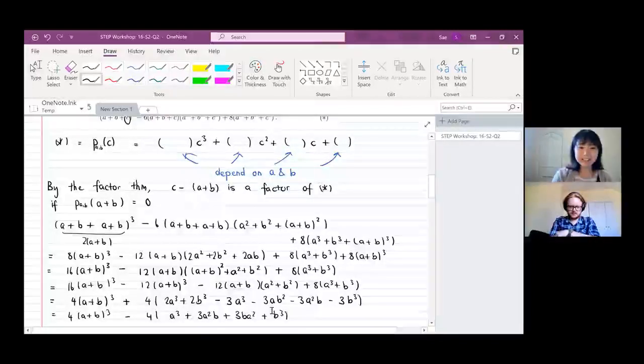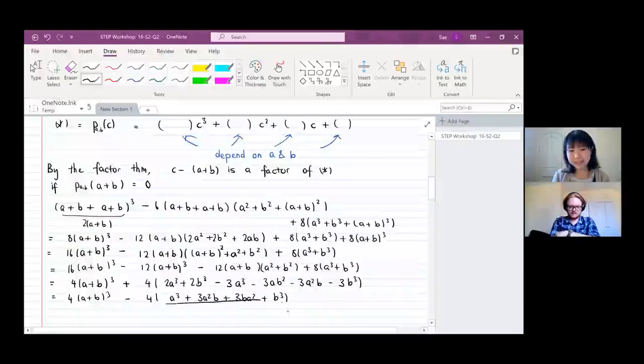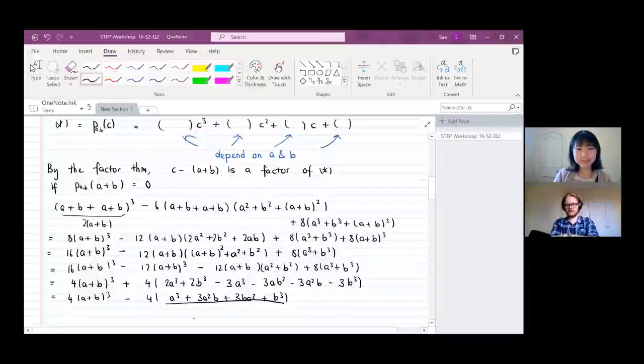And hopefully, can anyone tell me how to factorize this bit here? Yeah, great. So if you can recognize your coefficients here, that's a 1, 3, 3, 1.